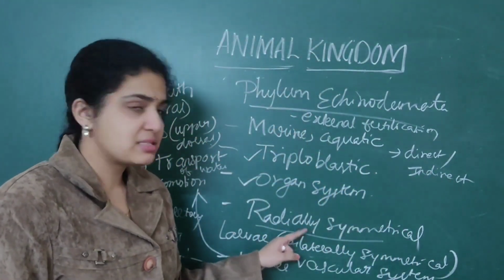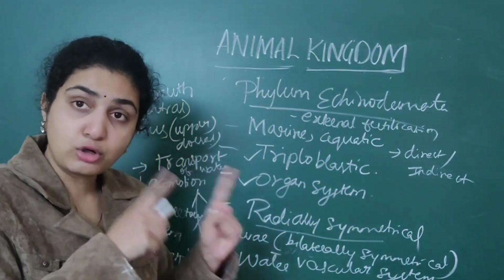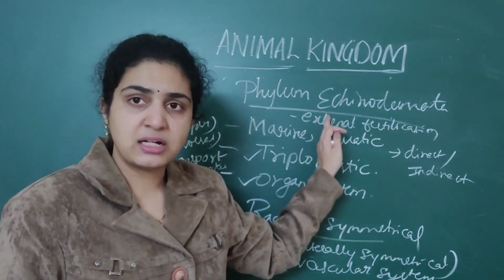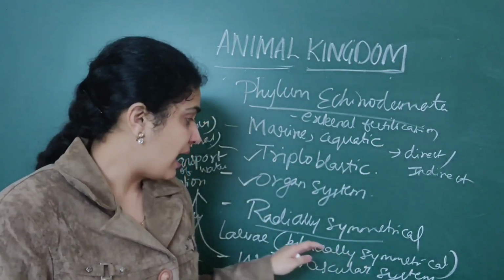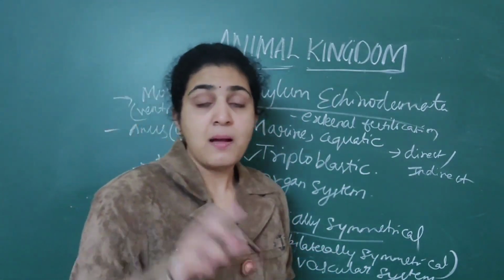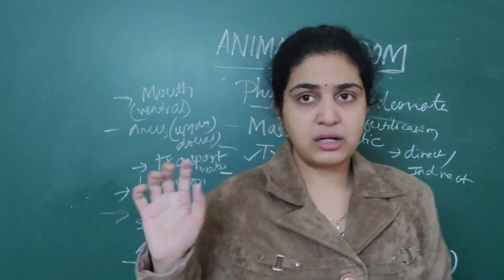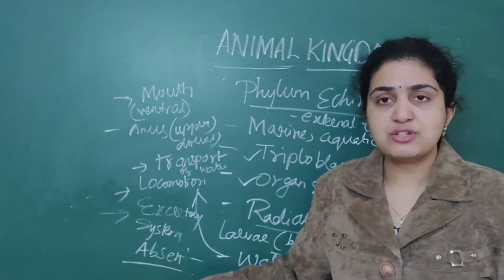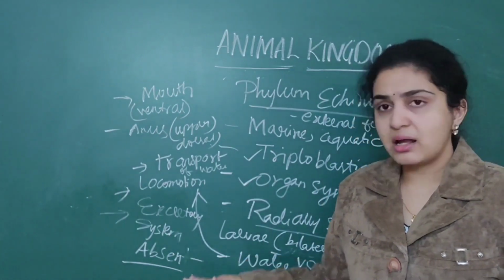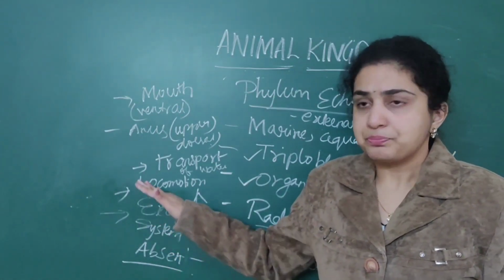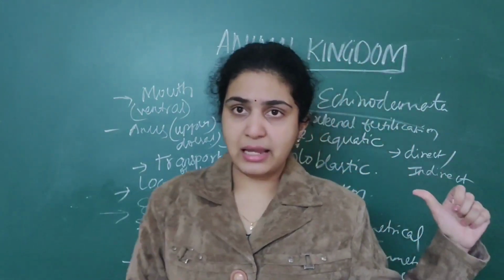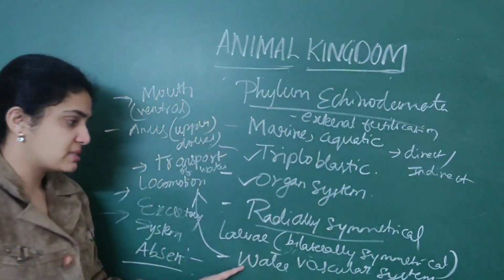Same as Cnidarians, they exhibit two properties: fertilization is external, and they are radially symmetrical. But larvae are bilaterally symmetrical. Important NEET question: for which phyla are larvae bilaterally symmetrical and adults radially symmetrical? Echinodermata.